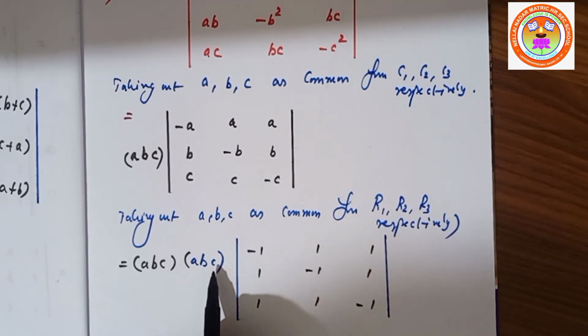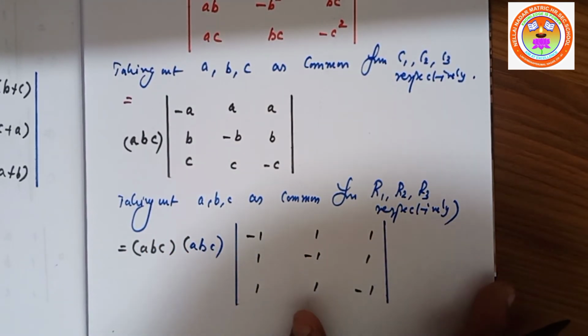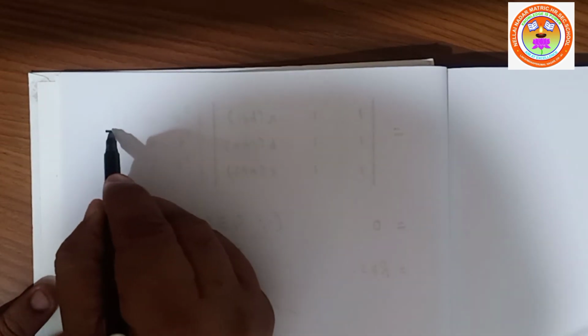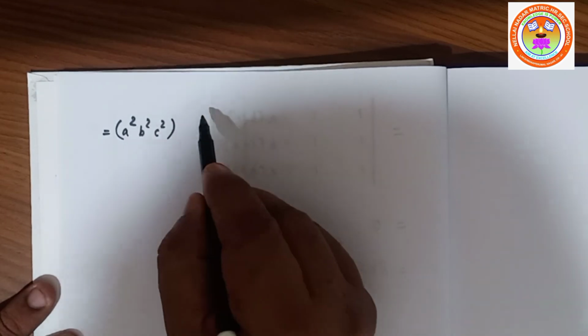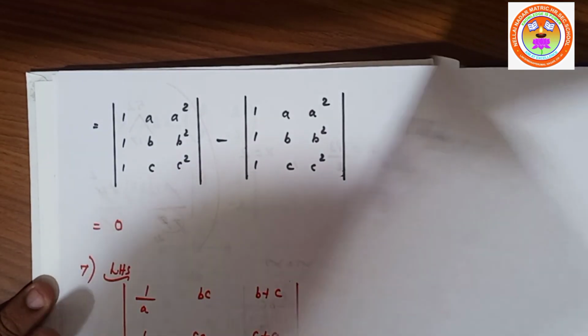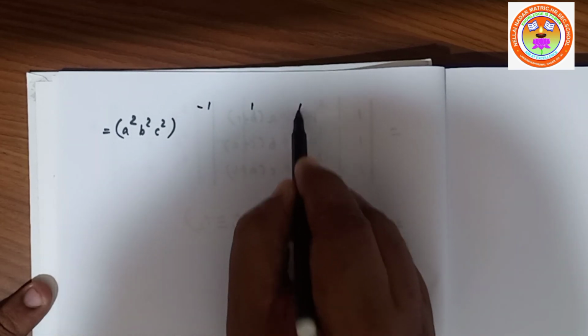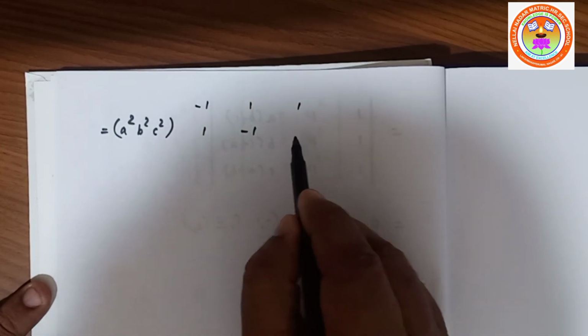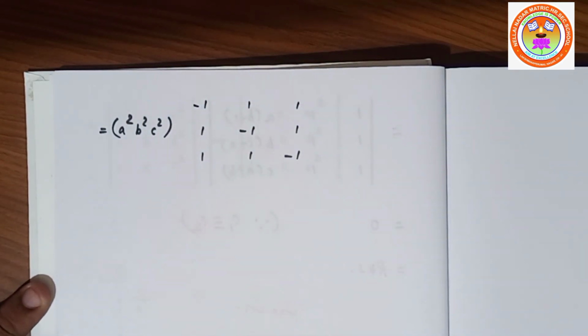So ABC into ABC, you know that is A squared, B squared, C squared. I write here A squared, B squared, C squared into the determinant again: minus 1, 1, 1, 1, minus 1, 1, 1, 1, minus 1.